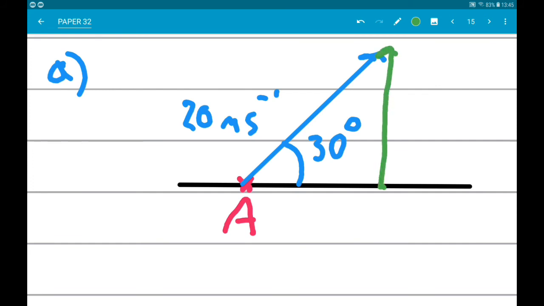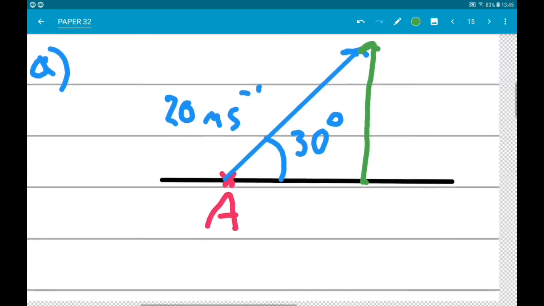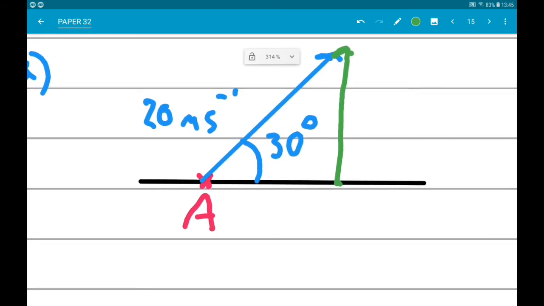Now the vertical is 20 sine 30, which is nice, that's 10.